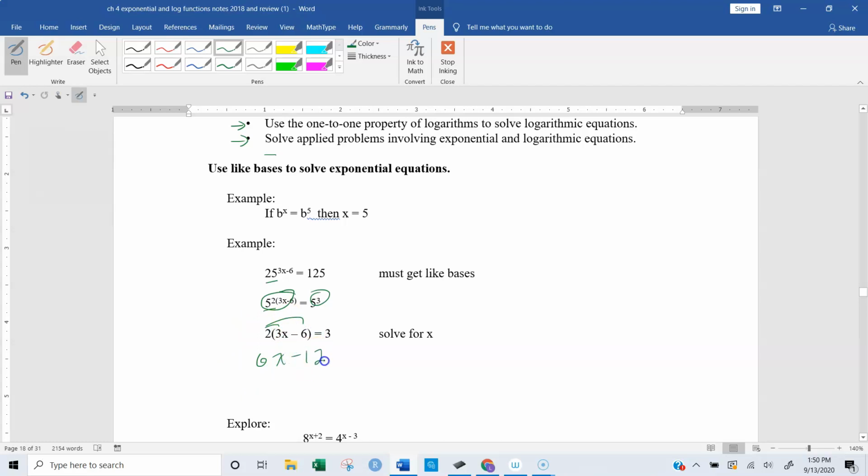So 6x minus 12 equals 3, so 6x equals 15. So x equals 15 over 6. Reduce that by 3 and you get 5 halves.